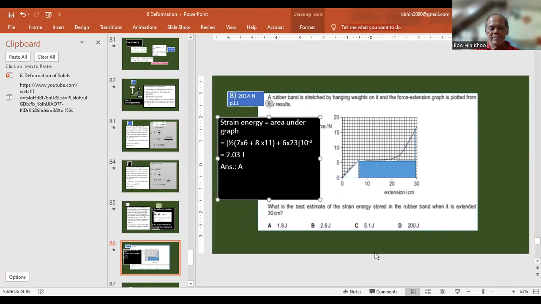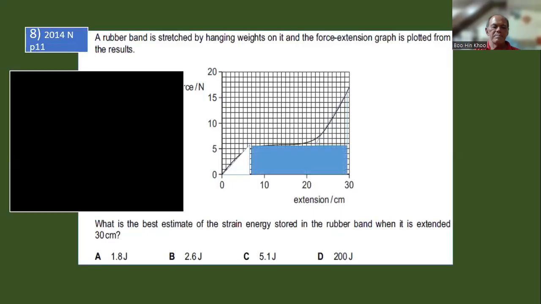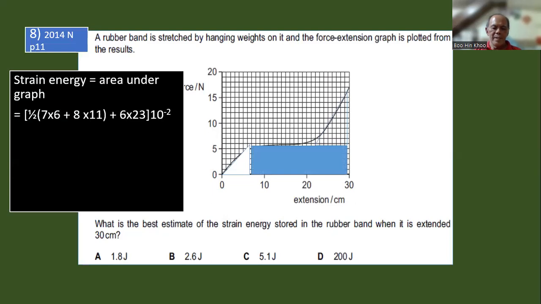Okay, there's a triangle here. Half, there's about 7 there, and then this is about 6 there.